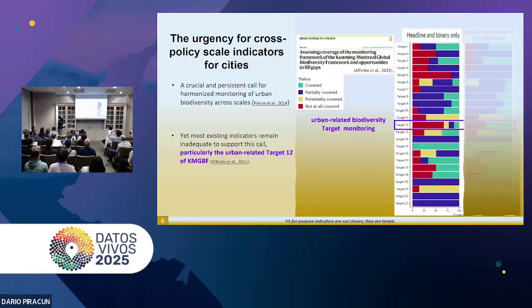So why is urban biodiversity so urgent to address?